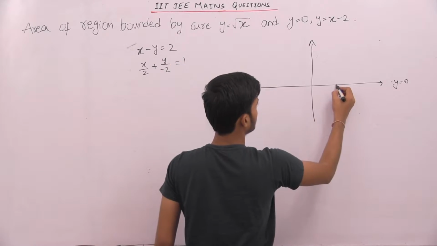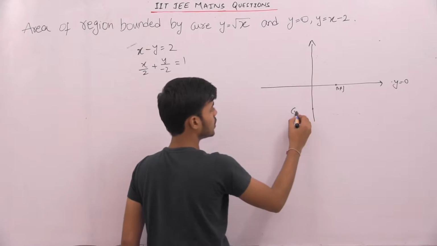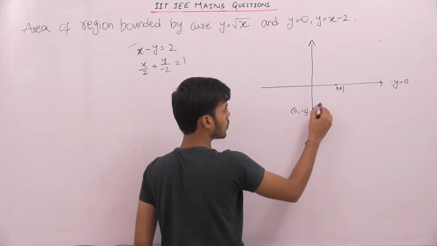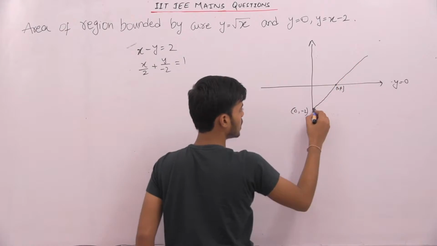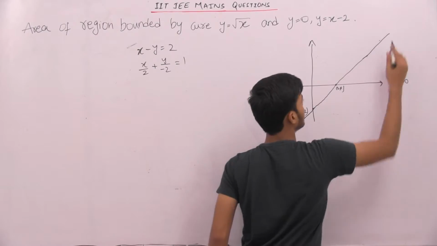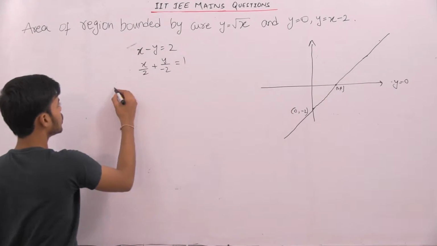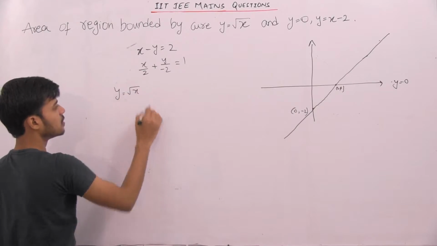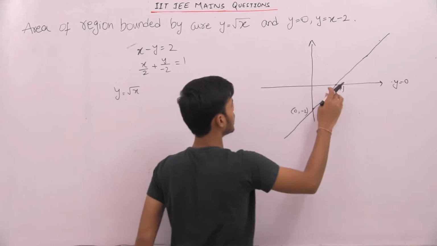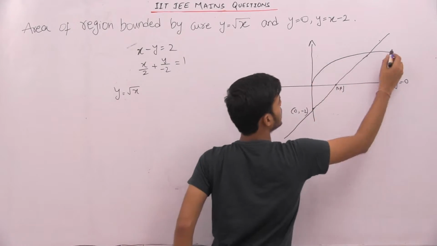Then it should be passing through (2, 0) and (0, -2). This is the line. So we have a line, we have y equals 0. I am left with the curve y equals root x, which is a parabola in positive x. Let's assume it to be this way.